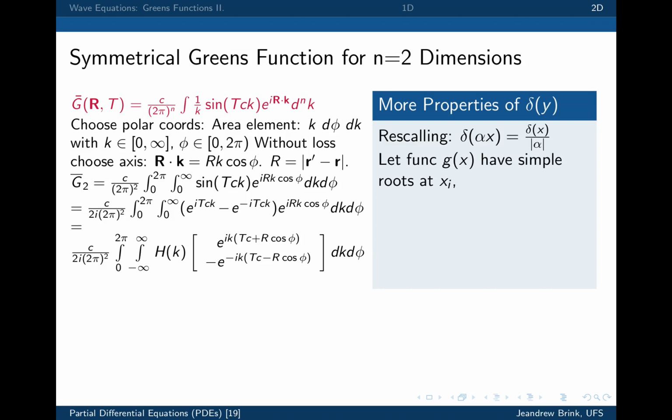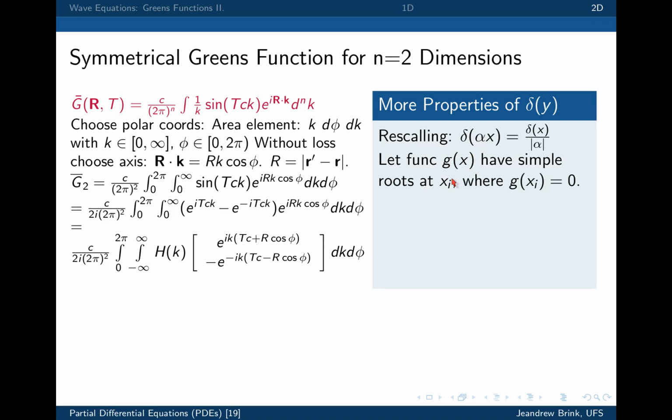And then another thing, the reason I wanted this, is that suppose you now have g of x and it has a number of simple roots. In other words, g of x is a function that cuts the axis at various points. The delta function of that function is just a function evaluated at those various points with a scale factor.